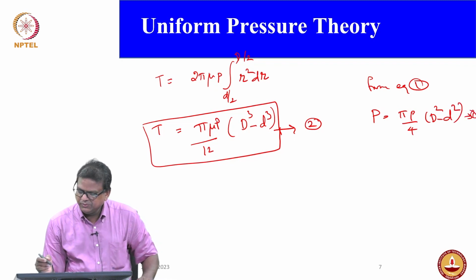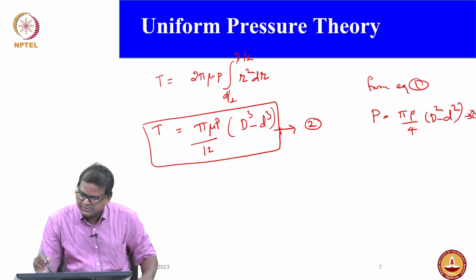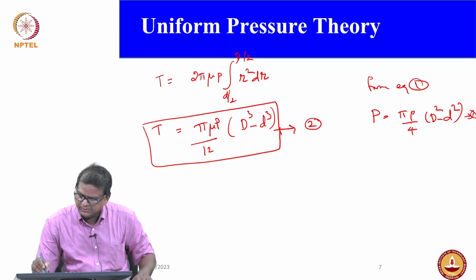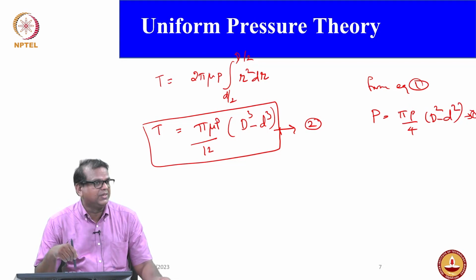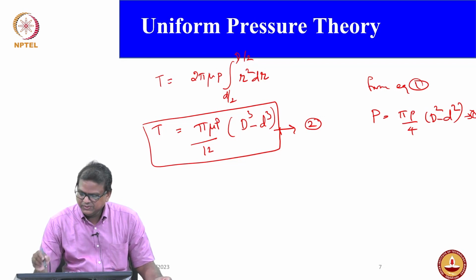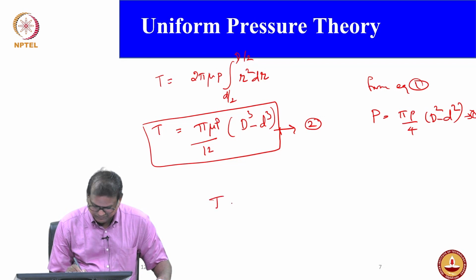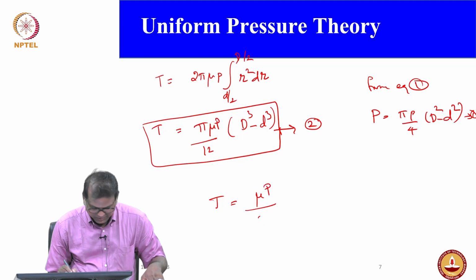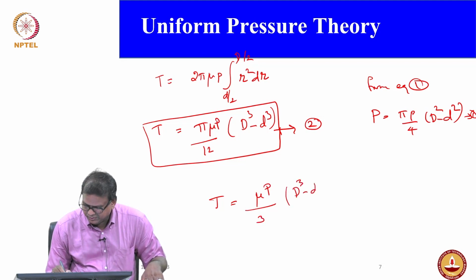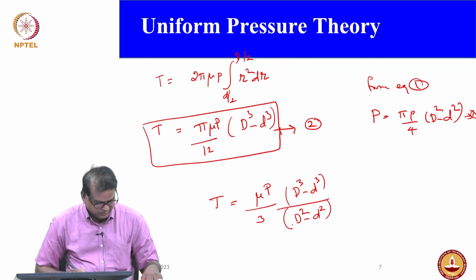So you can substitute it to replace the pressure intensity and bring everything in terms of the load. When you do that, finally you would expect the torque equation: T equal to mu capital P by 3 times capital D cube minus small d cube divided by capital D square minus small d square.